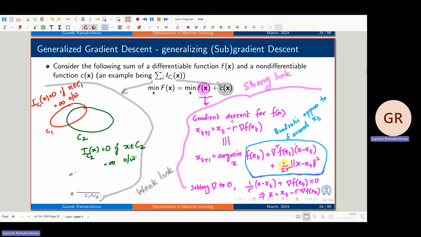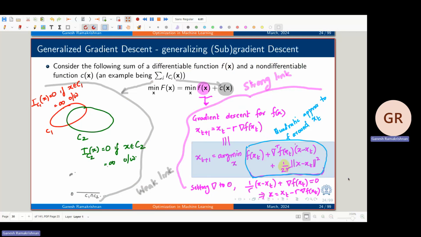So the f of x is, let's say, solvable using gradient descent, and one of the ideas was solve x directly, right? What I'm proposing here is slightly different. I'm saying, well, can we now view x, even xt plus 1, as a solution to a second order approximation, right?